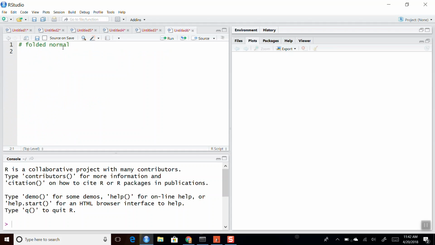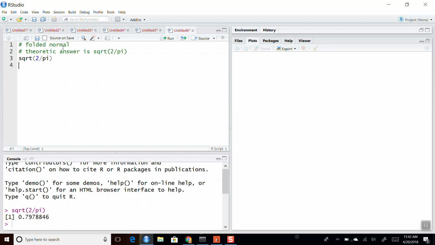So the theoretic answer is the square root of pi over 2, I believe, or the square root of 2 over pi. So the theoretic answer is this.